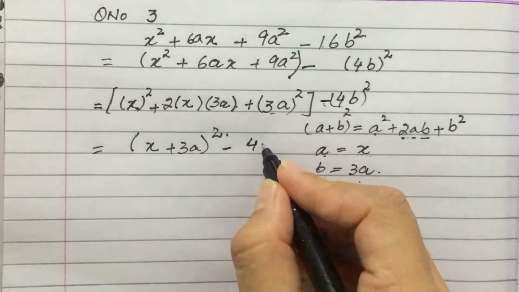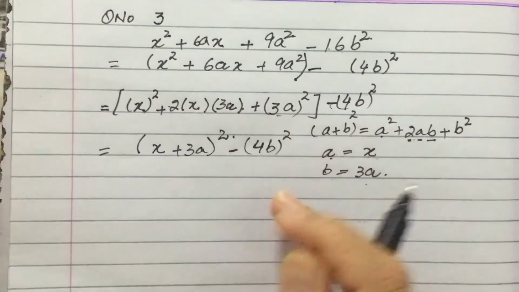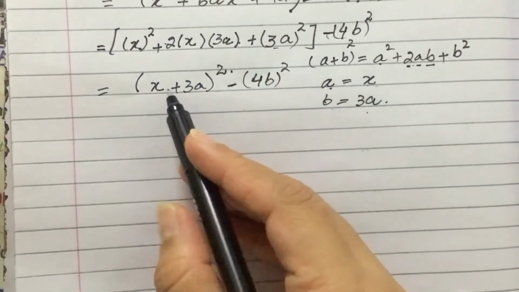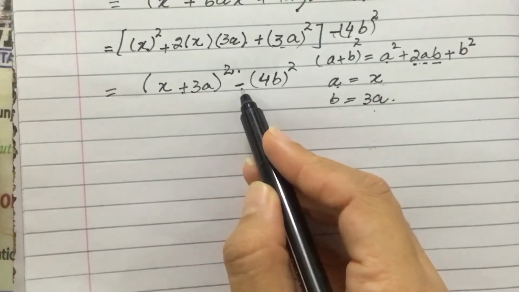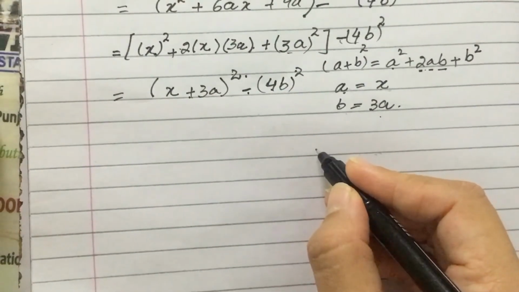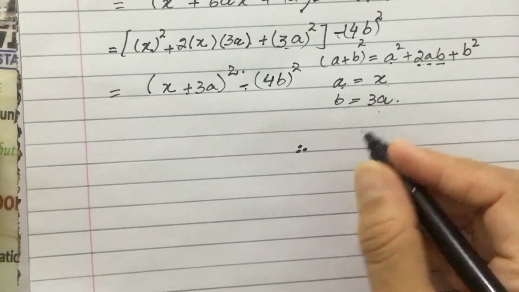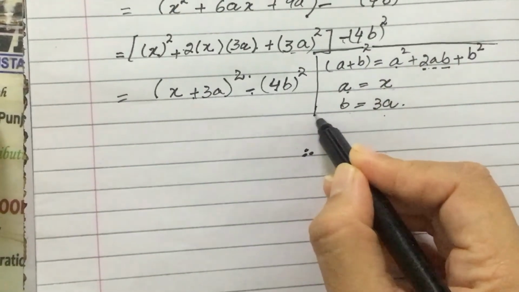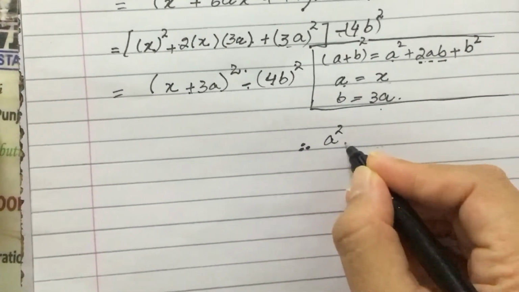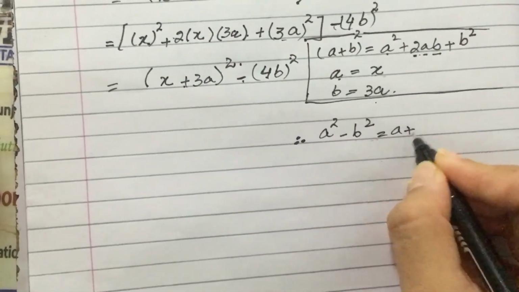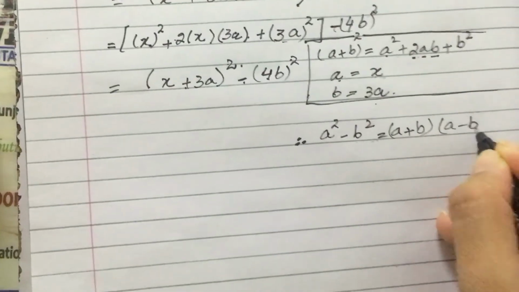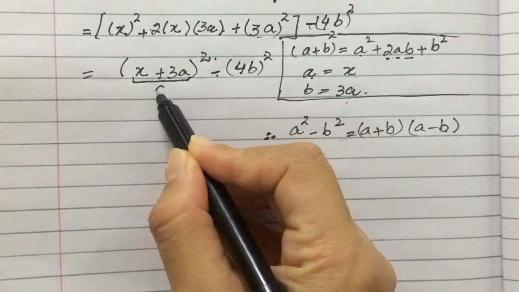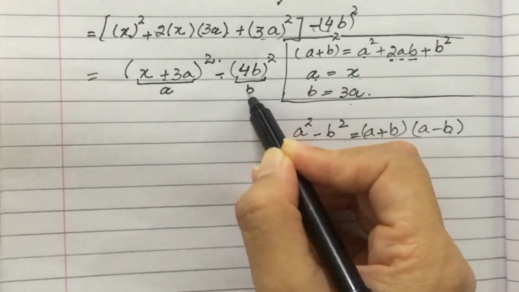After that I know that the square of the first term minus the square of the second term makes another formula. That formula is a square minus b square is equal to a plus b into a minus b. So what is the value of a? Here this is the value of a and this is the value of b.